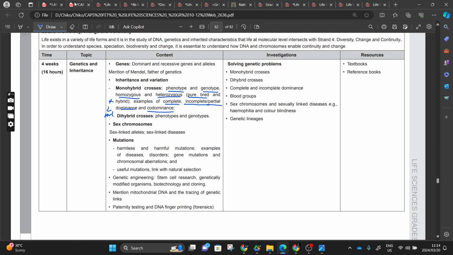We understand that the dominant one is the capital letter, and the recessive one is the small letter. We also have dominant and recessive alleles, and we said that dominant alleles will mask recessive alleles.